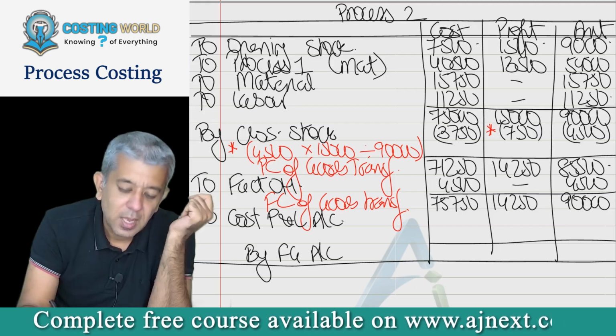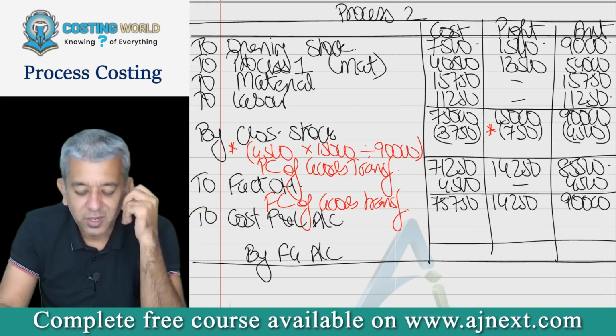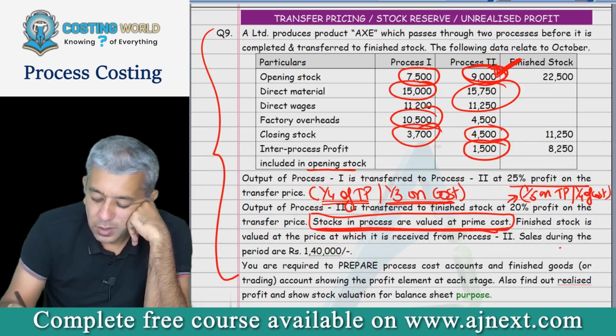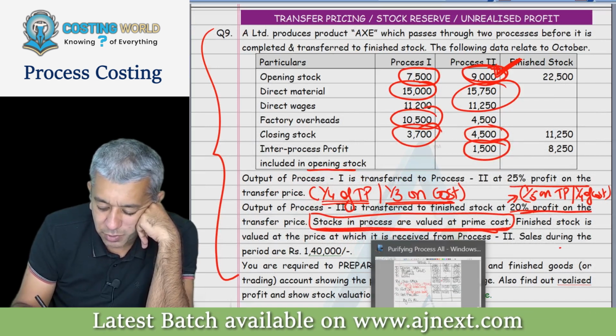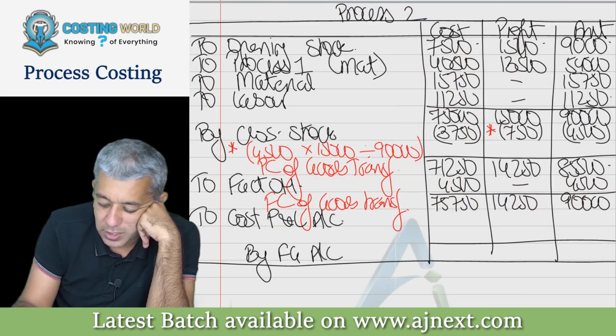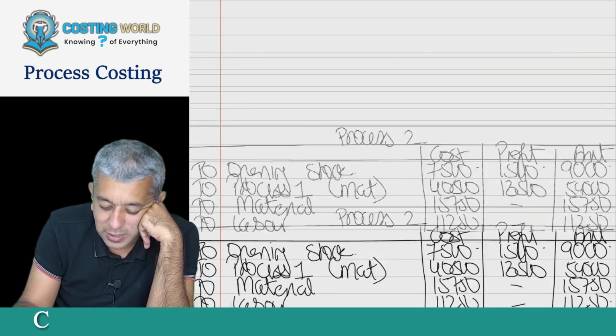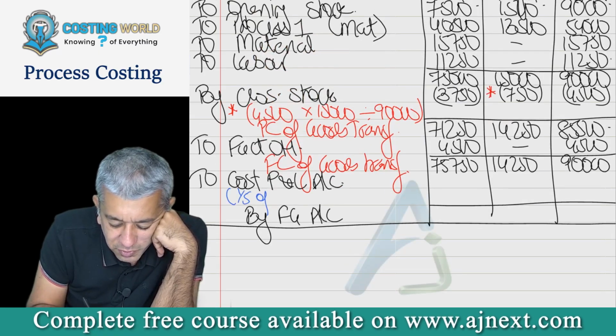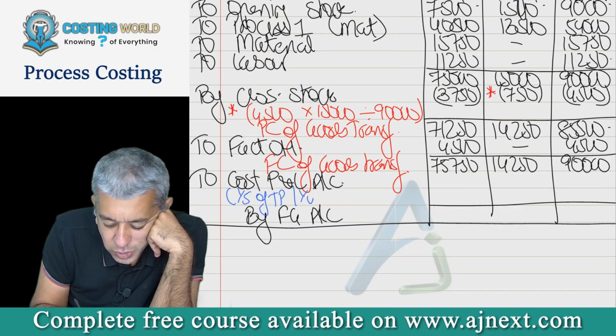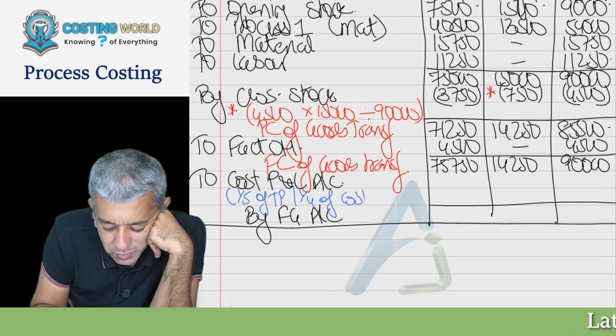Now I'll come to know how much you understand. Whenever P2 transfers to finished goods, it will charge 20% profit on transfer price. 20% profit on transfer price is nothing but, write down the same thing once more, 1/5 of TP, or 1/4 of cost.